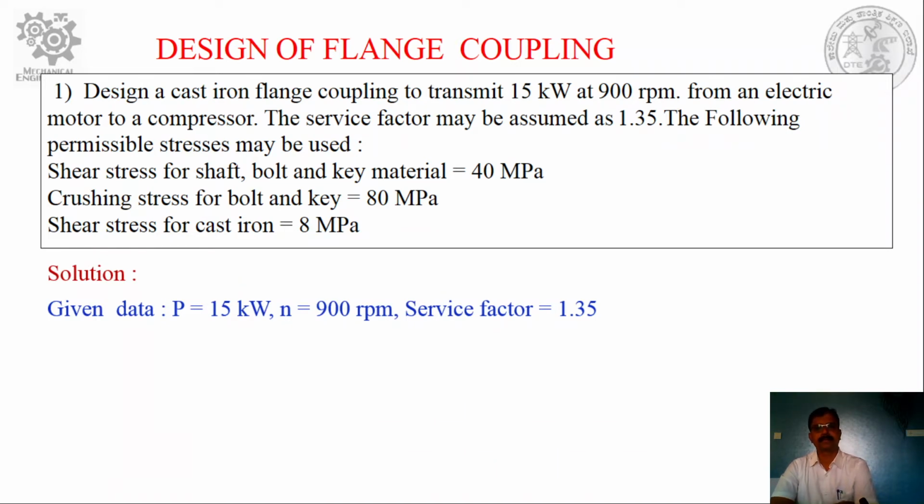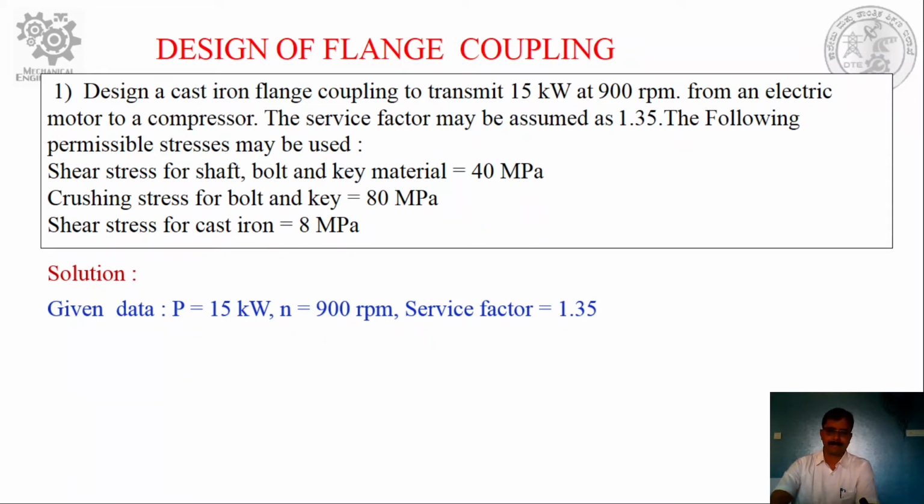The service factor may be assumed as 1.35. The following permissible stresses may be used. The shear stress for the shaft, bolt and key are the same, because all are made of the same material, that is 40 megapascal.